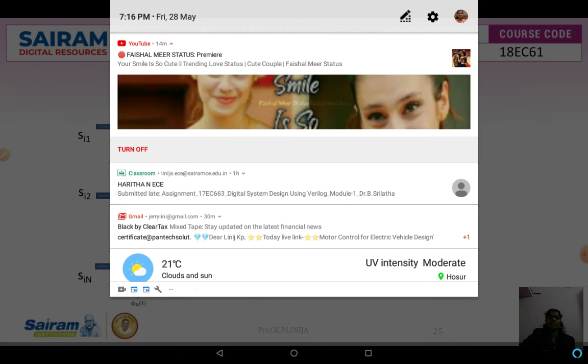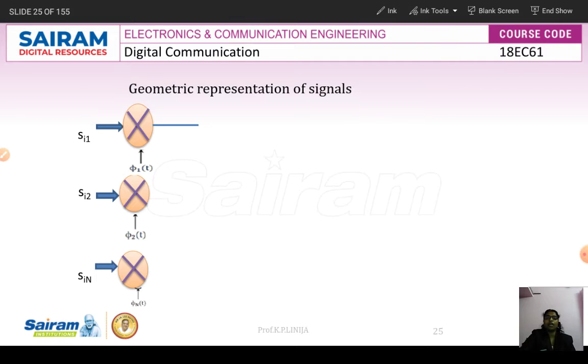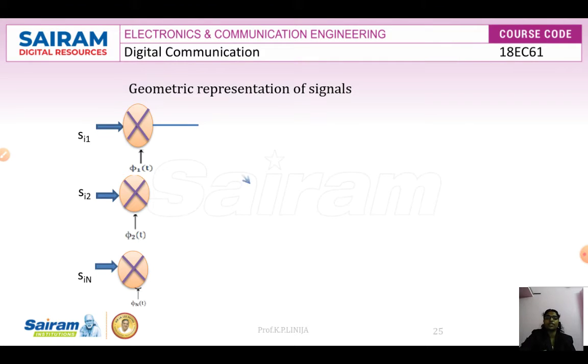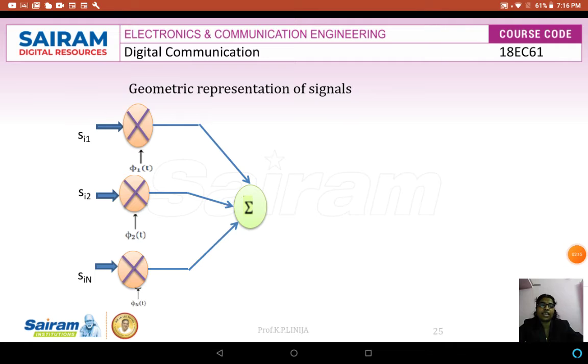So it is clearly seen that two inputs are given to each product multiplier, that is Si1 as one input and phi1 of t as the other input, so that the output of each product multiplier is taken and given to the summer. Let us see this in the diagram itself.